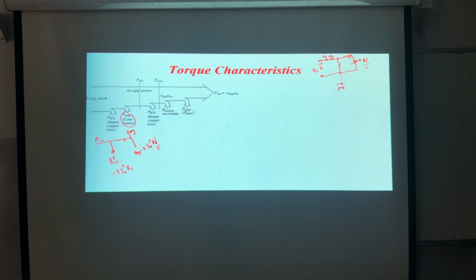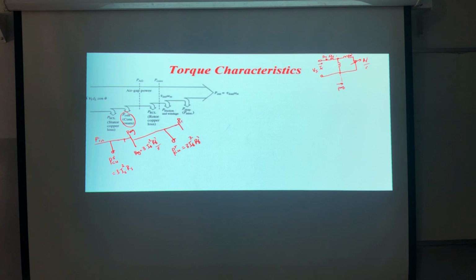Yeah? Now part of this power will be dissipated as copper losses where? On the rotor. So here I will have P copper losses of the rotor, and this will equal 3 I R dash squared times R dash, correct? Now after that what will I have? The converted power, let's say, the power converted or the power developed.